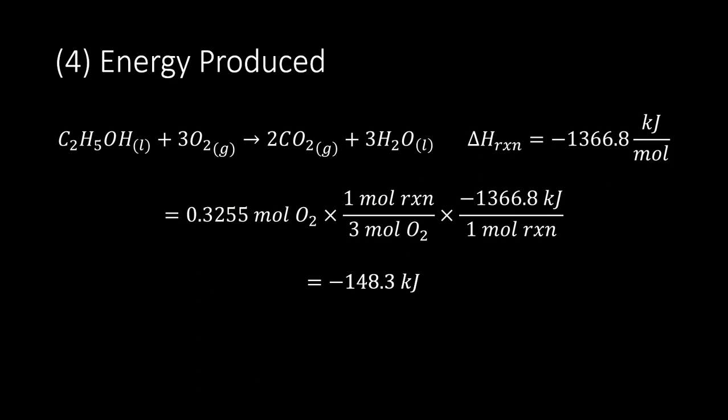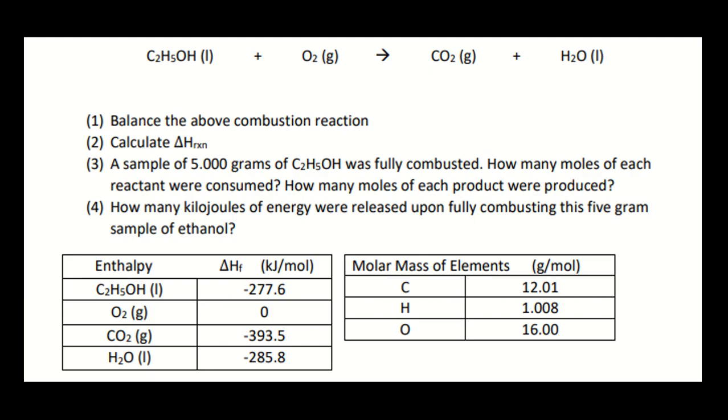The main core of this lesson is primarily understanding balancing the chemical reaction first, and then understanding how to apply the stoichiometry, those coefficients, for calculating the enthalpy of reaction, for calculating mole amounts of each reactant and product if we at least have some starting gram amount of one of them, and then finally combining information from each part for part 4: upon combusting that 5 grams of ethanol, what's the amount of energy that can be released?